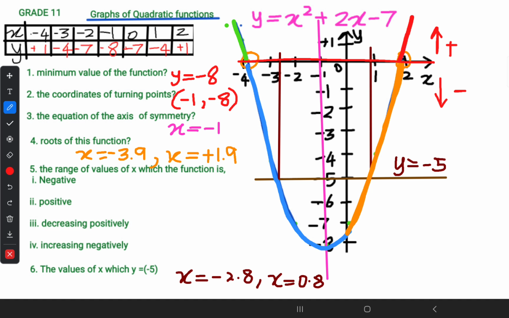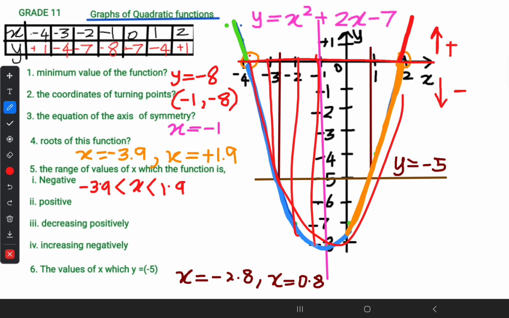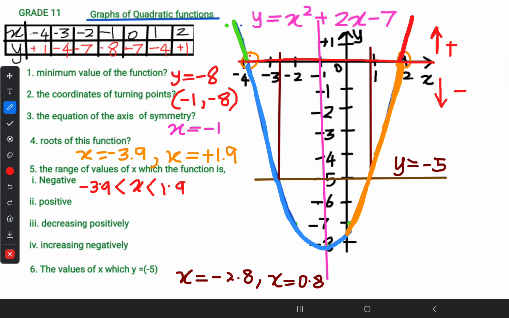So starting from negative 3.9, moving here until 1.9, the values for x are in between this region. In here the function is always negative. That's what you have to denote over here.